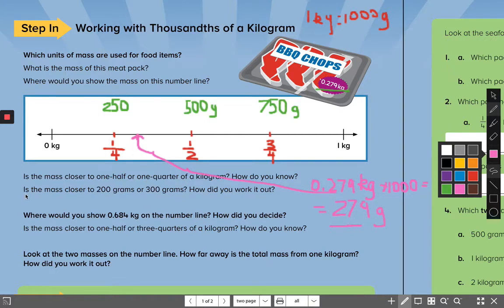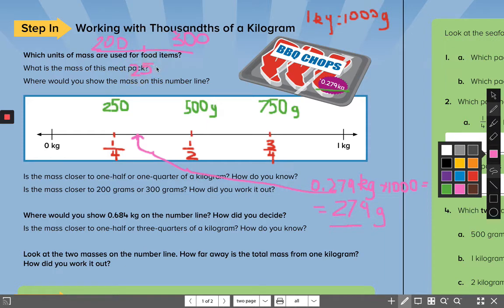The next question is, is the mass closer to 200 grams or 300 grams? Well, that's easy as well. 279. So if we were to think of a number line between 200, let me just write it, 200, and 300, we would know that somewhere in the middle would be 250.